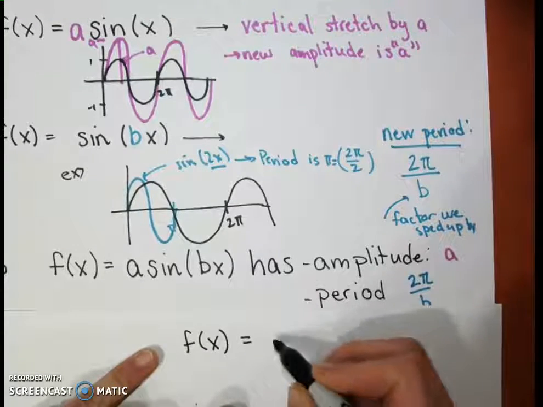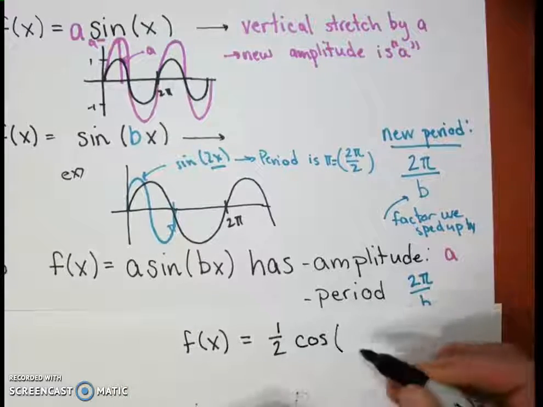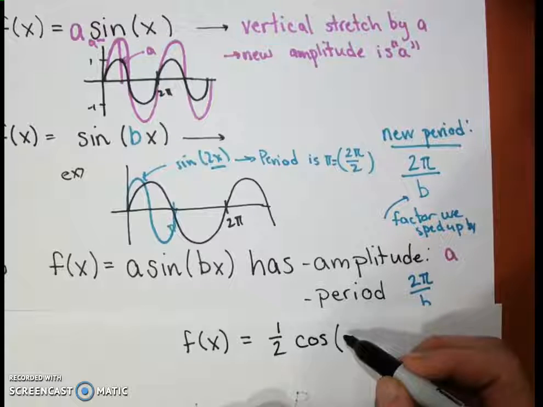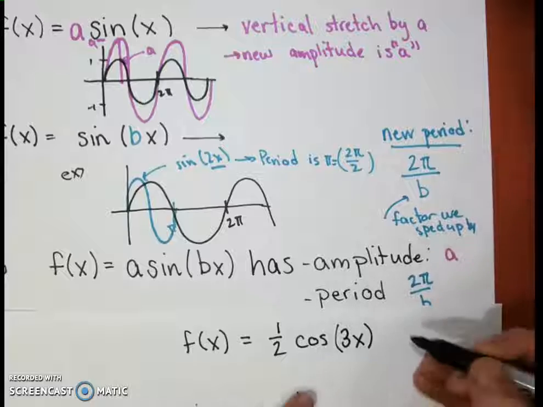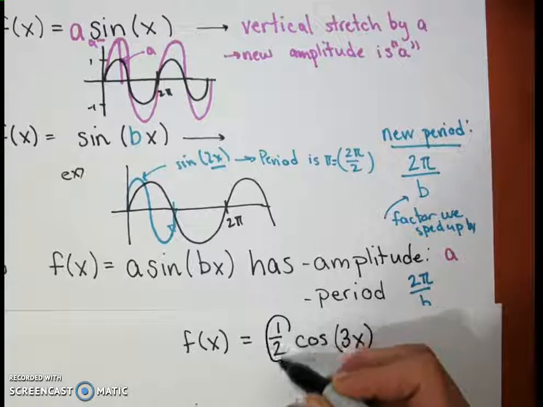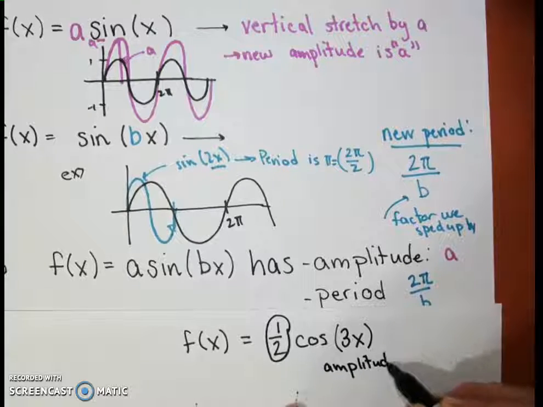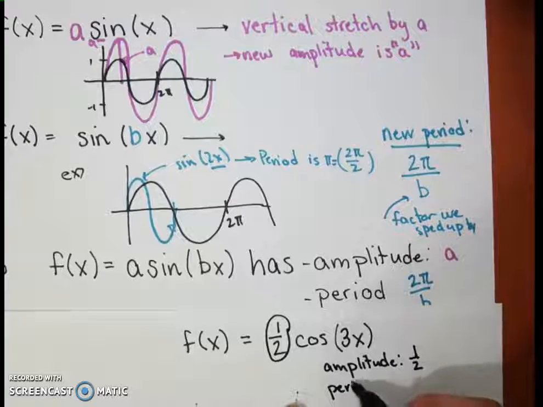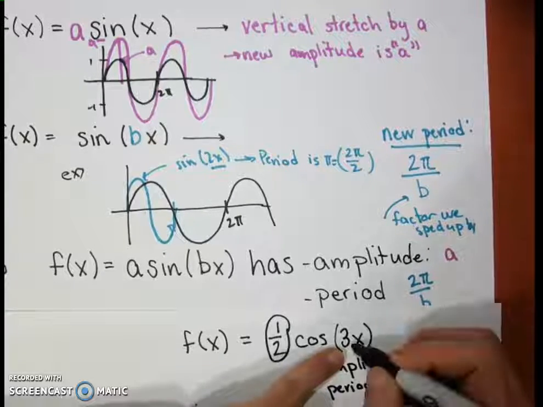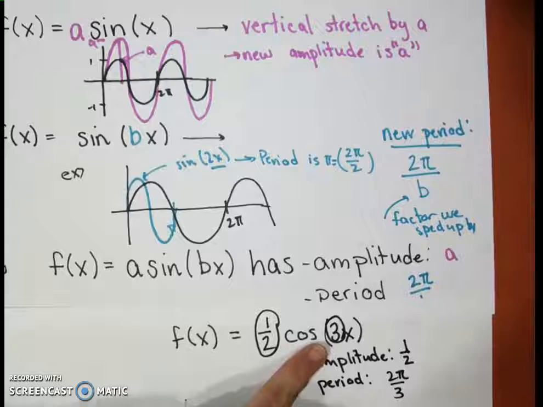If f of x equals 1/2 cosine of, let's say, 3x, well, then the amplitude should be 1/2. And the period should be 2 pi over 3, because we can complete a cycle in 1/3 the amount of time since we're going 3 times as fast.